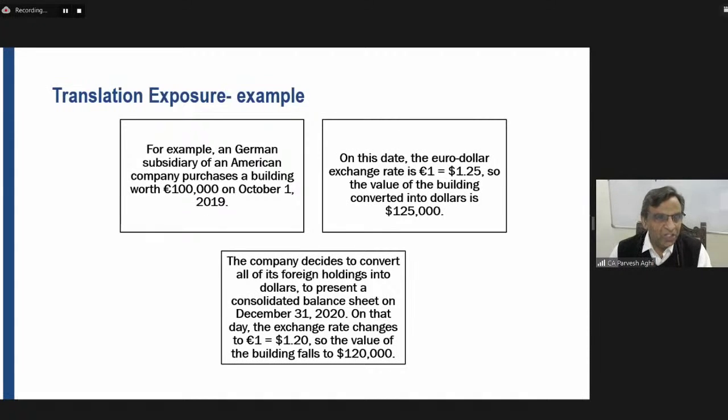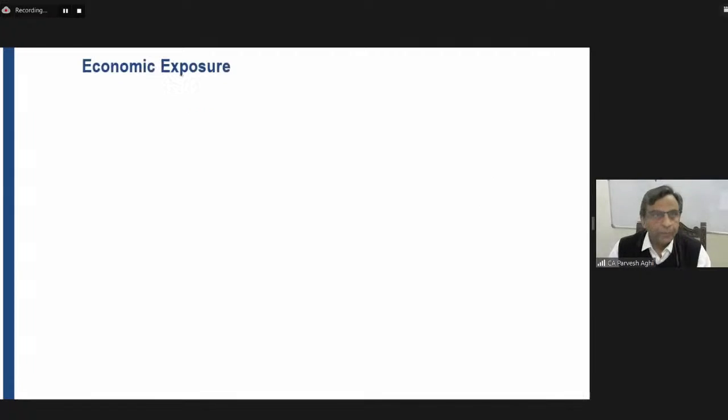On that day, the exchange rate changes to 1 euro equal to $1.20. So the value of the building falls to $1,20,000. When they consolidate into their accounts, they'll find the value has actually gone down from 1,25,000 to 1,20,000. So this is a translation exposure example.